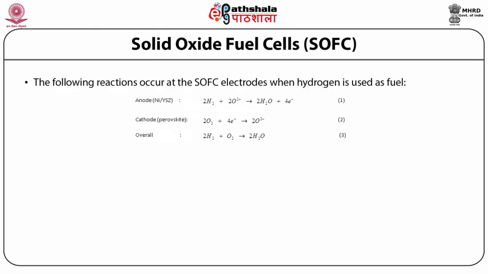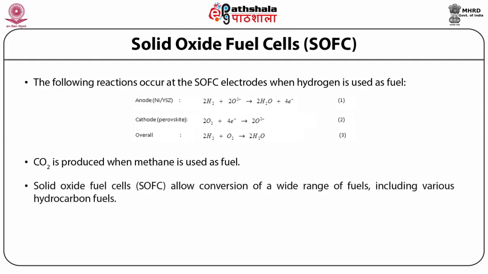The reactions given on screen occur at the SOFC electrodes when hydrogen is used as fuel. CO2 is produced when methane is used as fuel. Solid oxide fuel cells allow conversion of a wide range of fuels, including various hydrocarbon fuels.